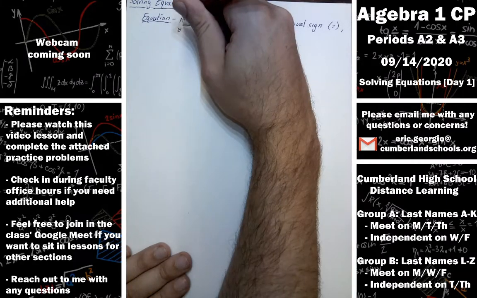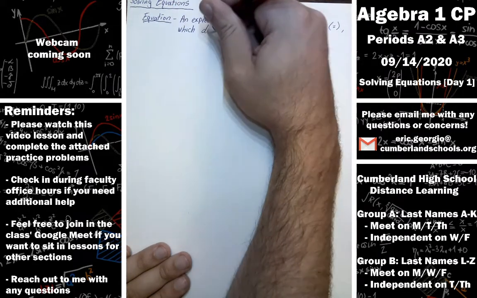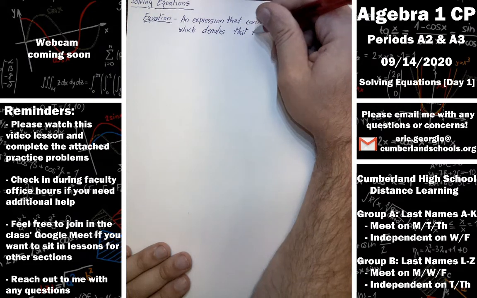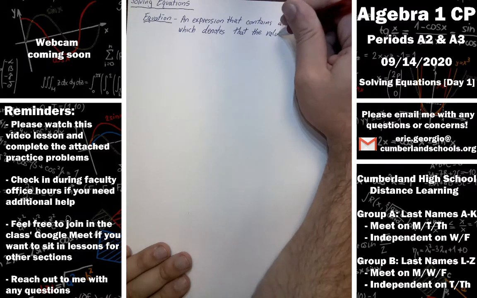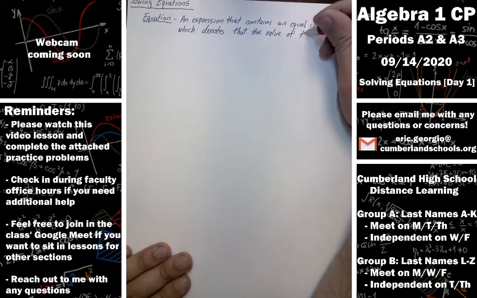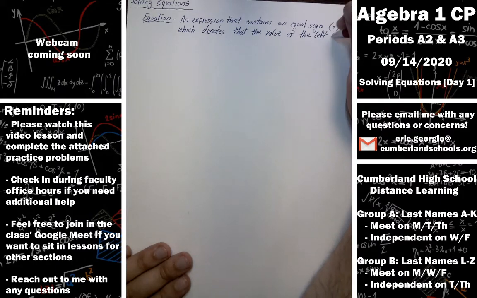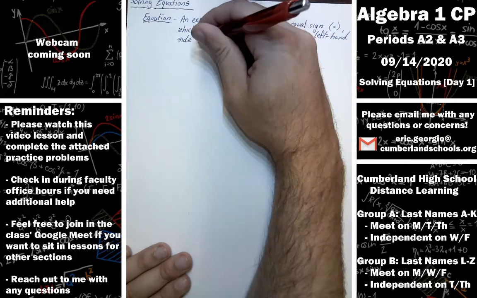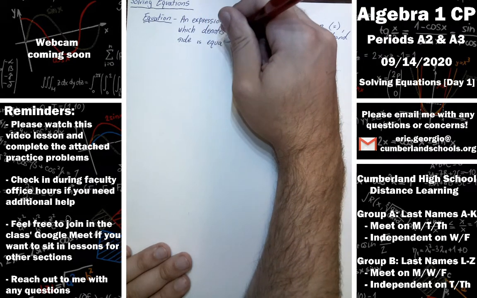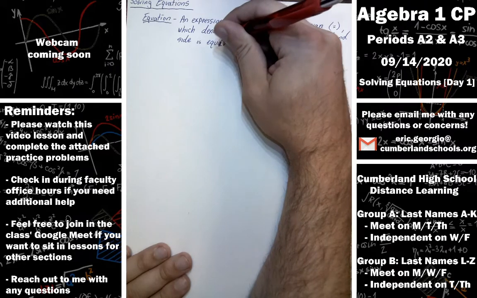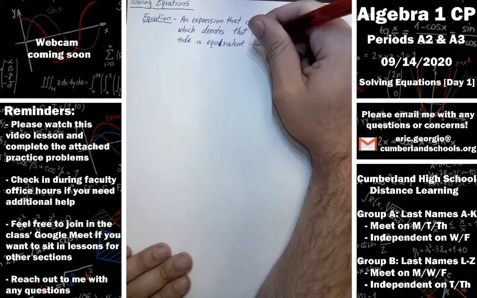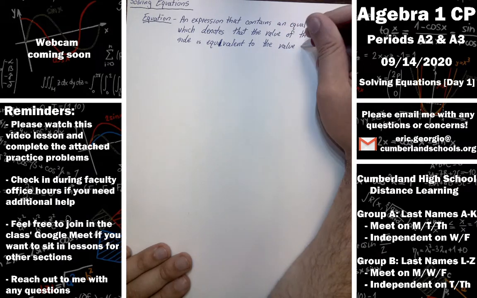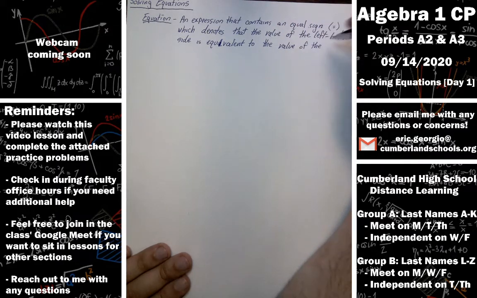And that equal sign denotes that the value of the left-hand side is equivalent to the value of the right-hand side.